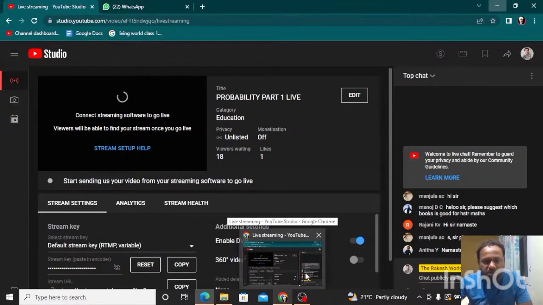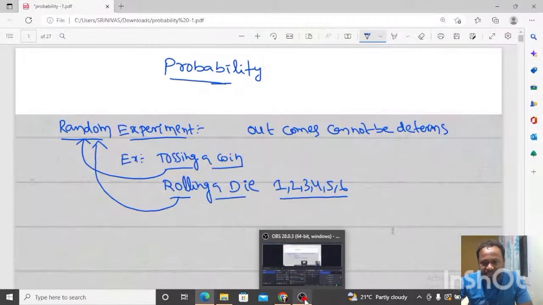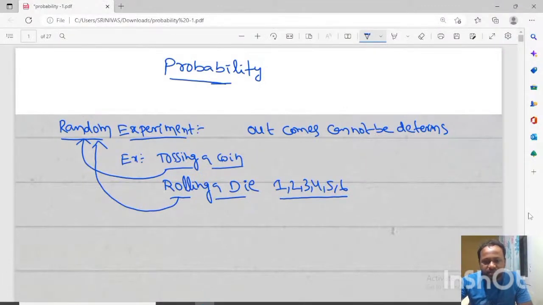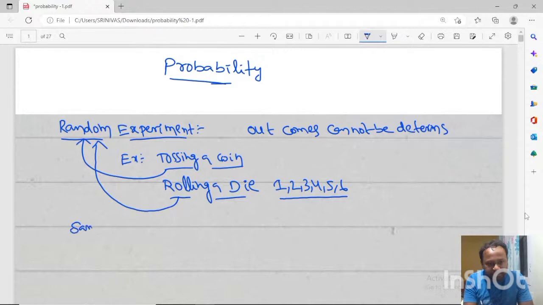Now let us see what is after random experiment. We will go through one more condition, that is sample space. What do you mean by sample space?